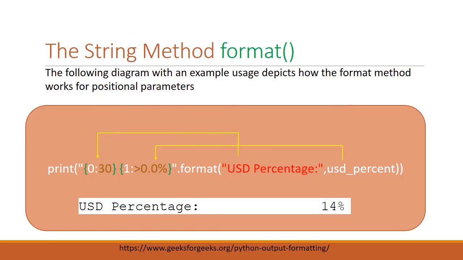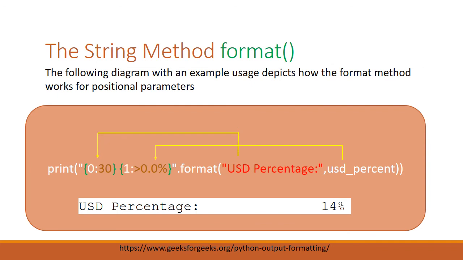We'll revisit our print statement that displays the percentage of email addresses that belong to the USD domain. We had our print statement, and the first set of curly brackets within our string constant, {0:30}, maps onto the first argument in our format method, which is the string USD percentage.